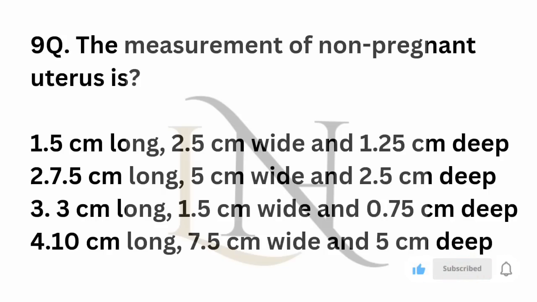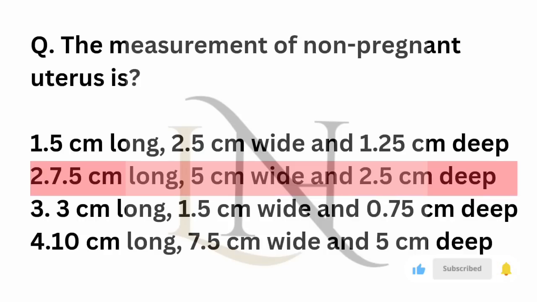Option 3 3 centimeters long, 1.5 centimeters wide and 0.75 centimeters deep. And option 4 10 centimeters long, 7.5 centimeters wide and 5 centimeters deep. Answer: option B, 7.5 centimeters long, 5 centimeters wide and 2.5 centimeters deep is the non-pregnant uterus measurement.